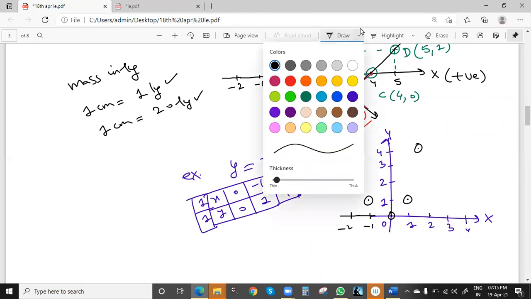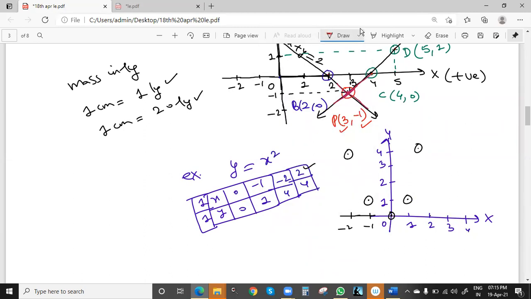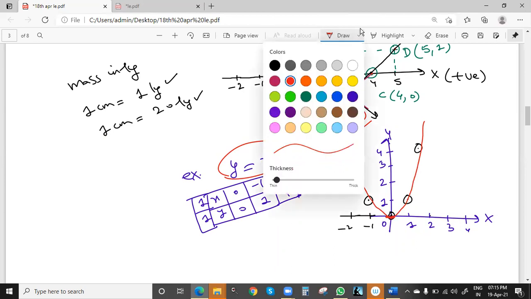All these are points of a quadratic polynomial, or degree 2, because maximum power is 2. So we'll get a graph like this one, maybe somewhat like this, smooth in nature. So this is not a straight line.